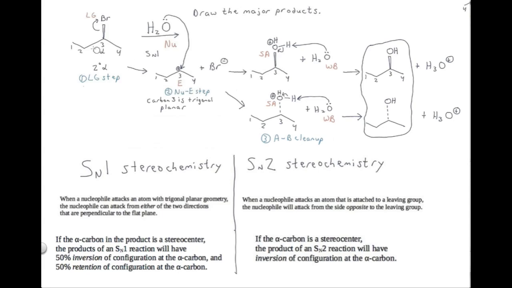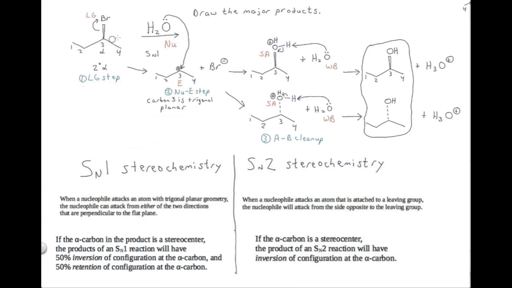By the way, remember that even though we only drew this starting material once, there are many billions upon billions of these molecules floating around in the solution. So this reaction is not happening just once in the solution, right? It's happening many billions upon billions of times.